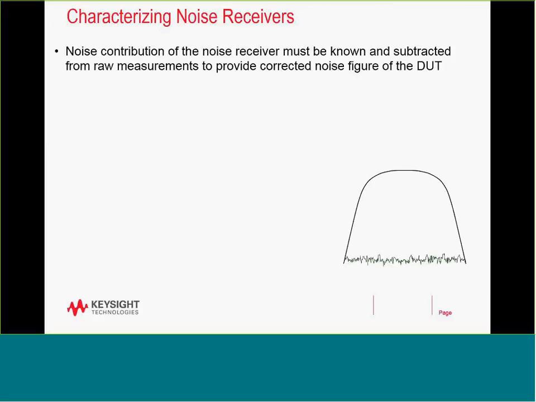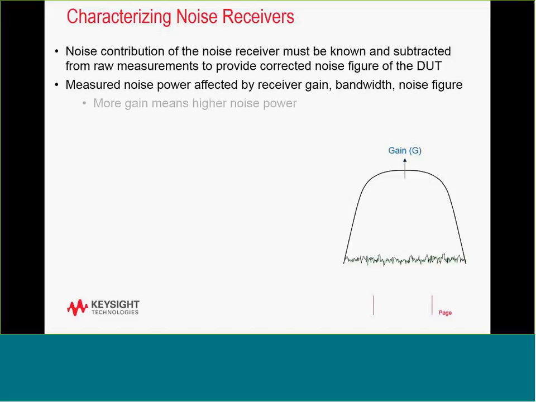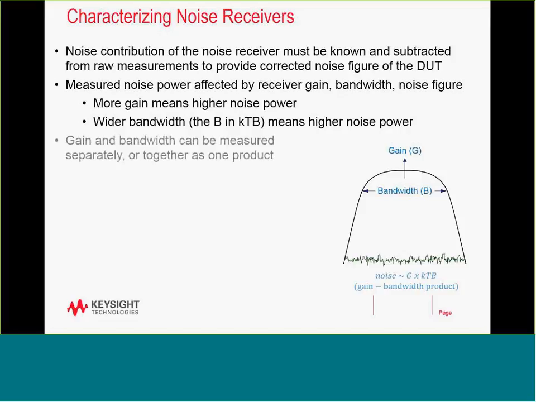One of the important things, just like the Y-factor method, is that we need to characterize the receiver. So in the network analyzer, we have to do the same thing. We characterize the receiver to find out what its bandwidth is, what its noise power is, and so on.